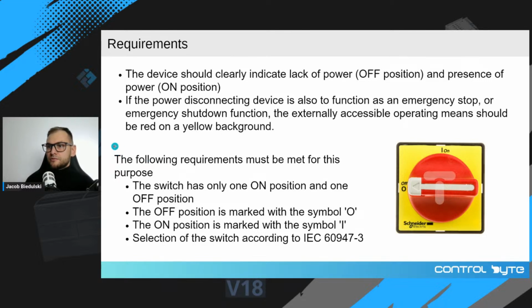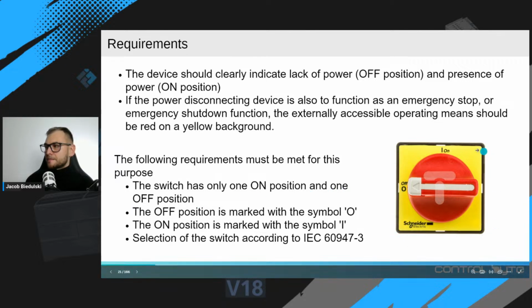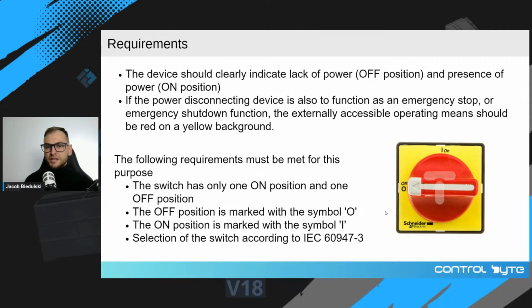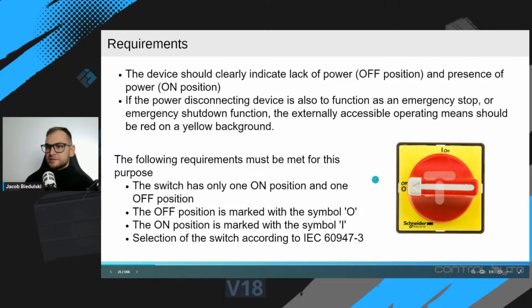So to sum up, the following requirements must be met for this purpose. The switch has only one on position and one off position. You can find switches with, for example, 3, 4, and even 5 different positions, and for the main isolating switch, we use a 2-position switch.